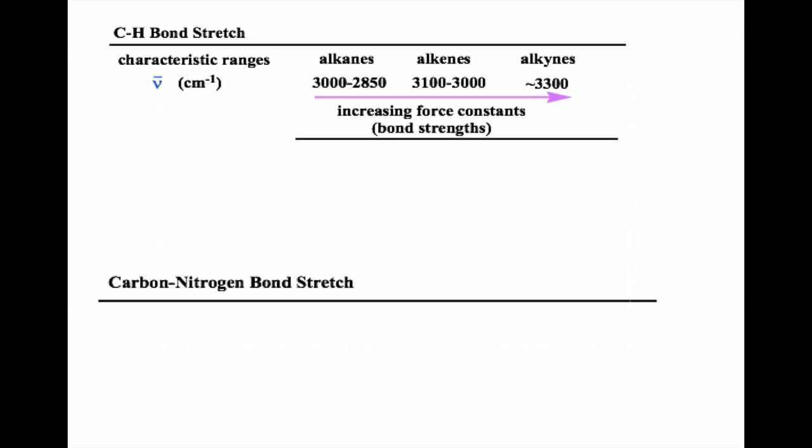And notice where the energies are. They're not identical, are they? They're not all at the same location in that hydrogen region. We're going to find alkanes around 3,000 to 2,850. We're going to find alkenes, right, a little more to the left of that. And we're going to find alkynes just a little bit more to the left of that when we look at the spectrum. Okay?